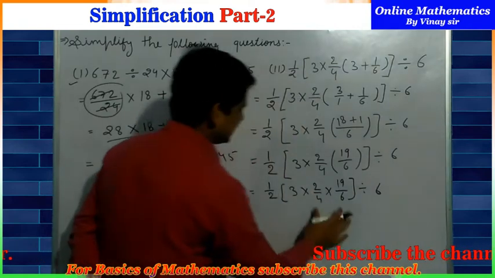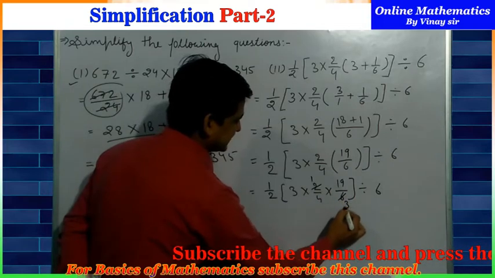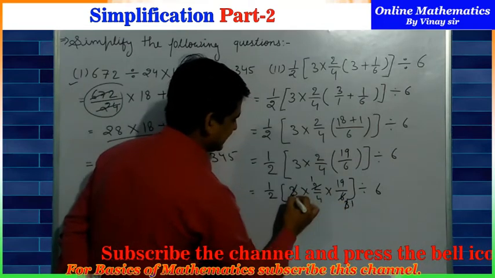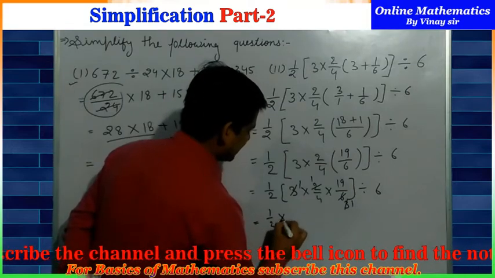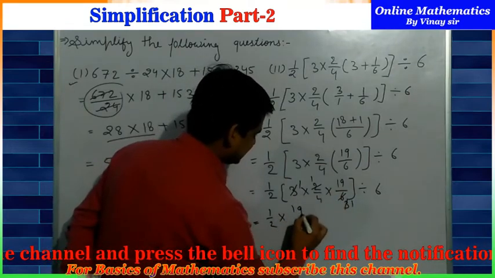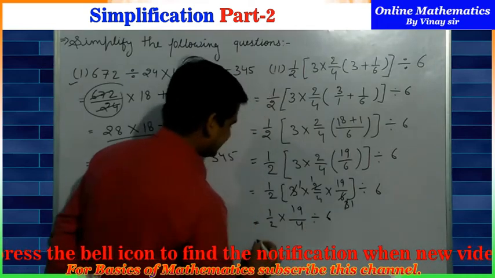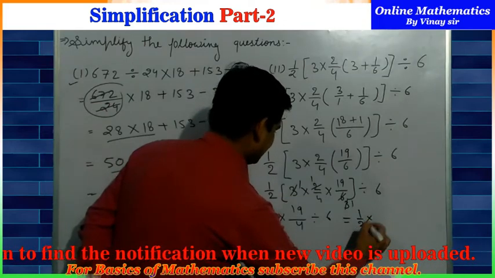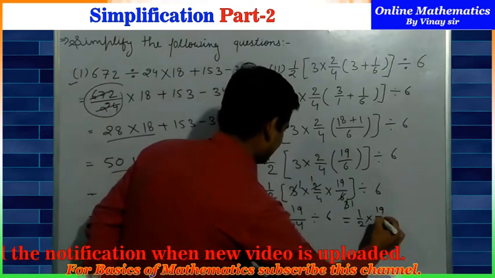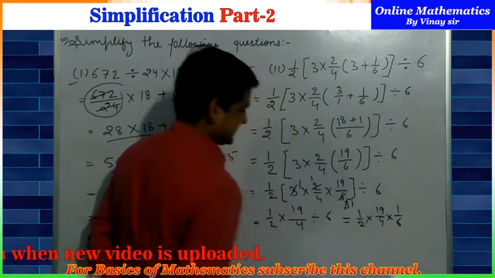Now here we can see 2 ones are 2, 2 threes are 6, 3 ones are 3, 3 ones are 3. Now 1 upon 2 is multiplied by 19 upon 4, divided by 6. Then 1 upon 2 multiplied by 19 upon 4 multiplied by 1 upon 6.